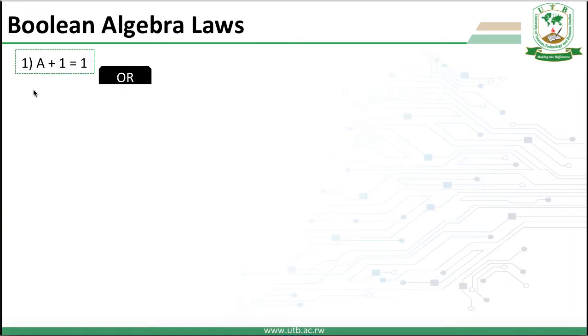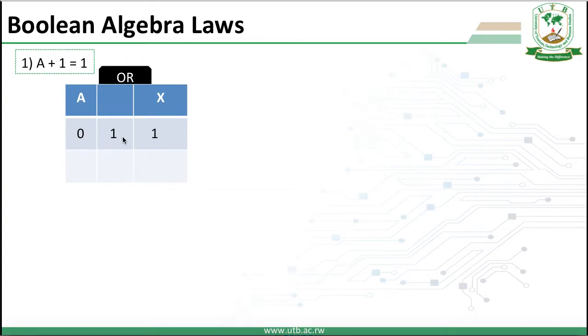A is a Boolean variable of the given expression. Now if A is 0, and then plus 1, another one is 1. What could be the output? The output is 1.